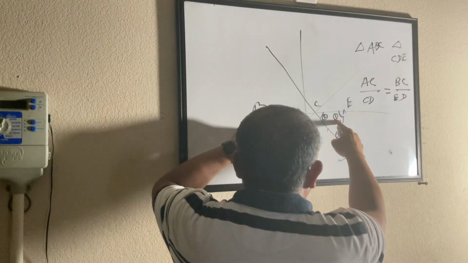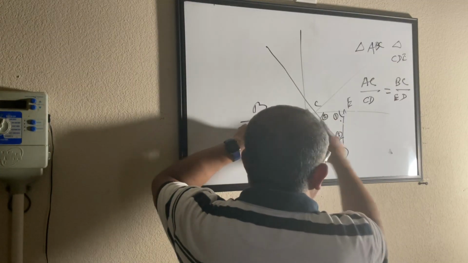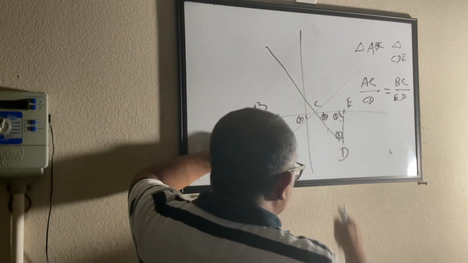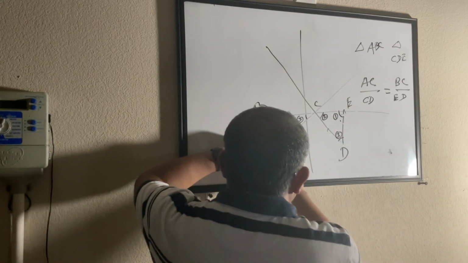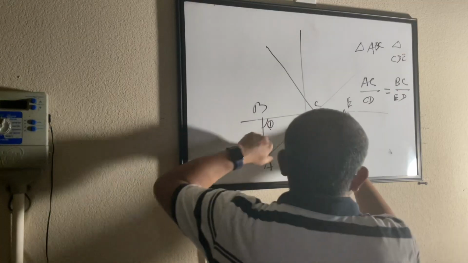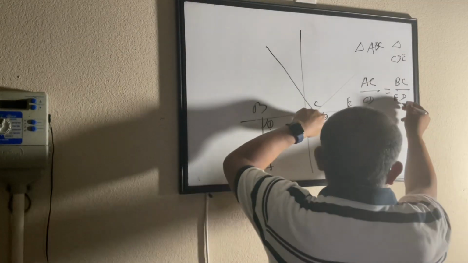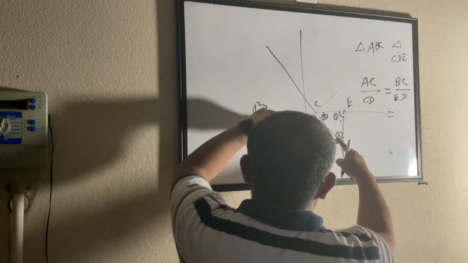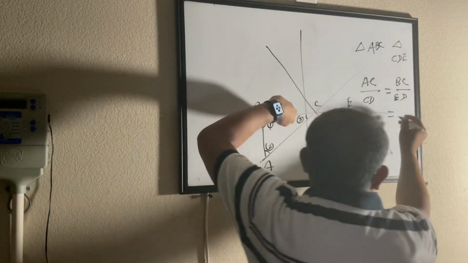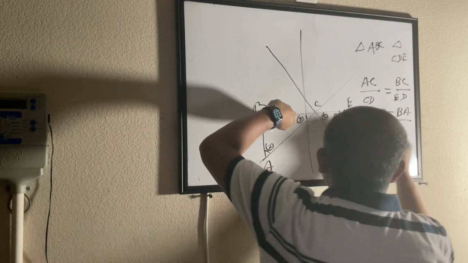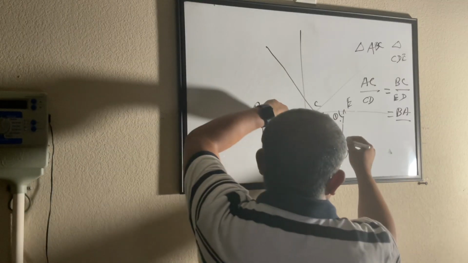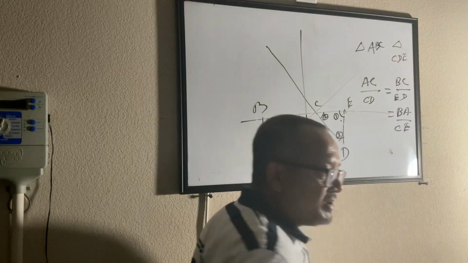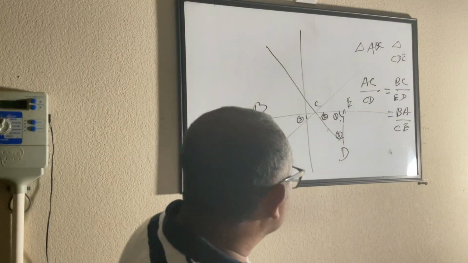Angle 1 matching, side opposite to that, AC over CD will be equal to the next matching angle, this and this: side opposite to this is BC and side opposite to this is ED. That will be equal to the third matching angle: BA over the third one, which is CE. Okay? Now what do you see here?